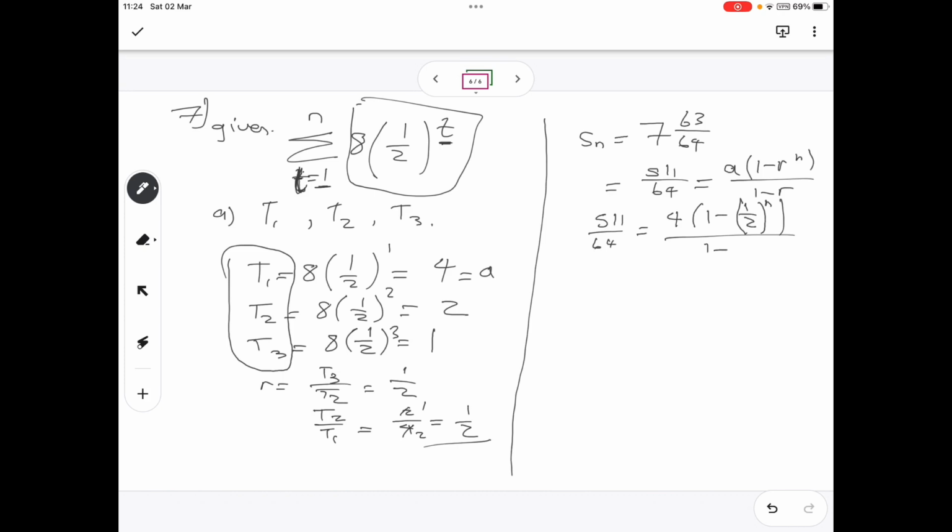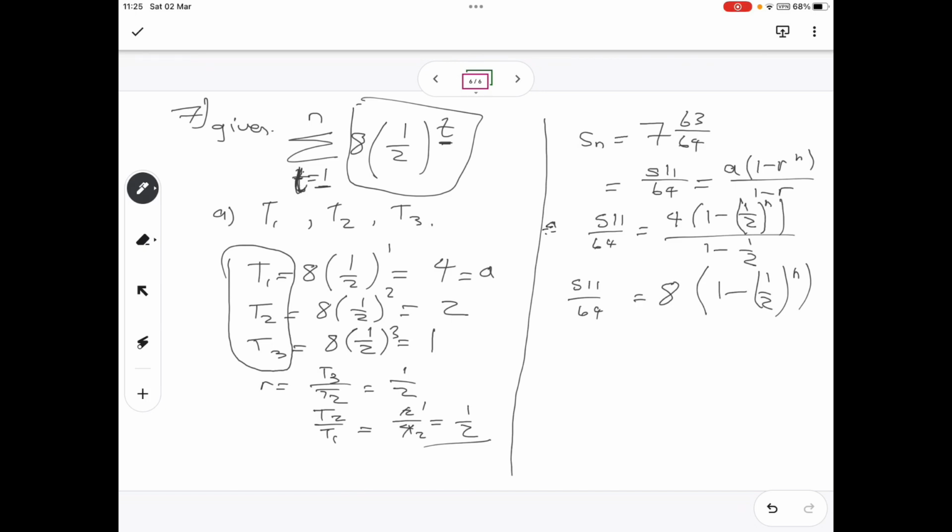We don't have n, so I'll just put it there. And this is over 1 minus a half. So 1 minus a half is a half. Half times 4, sorry, 4 divided by a half is 8, because a half goes into 4 8 times. 1 minus a half to the power n equals 511 over 64.